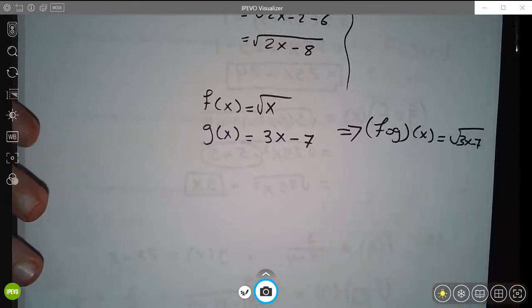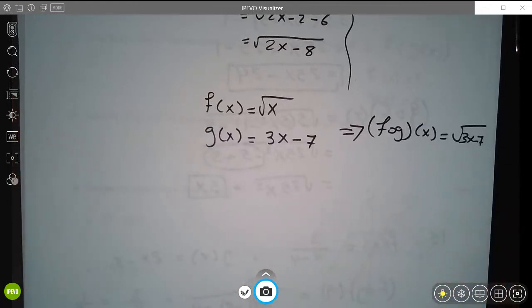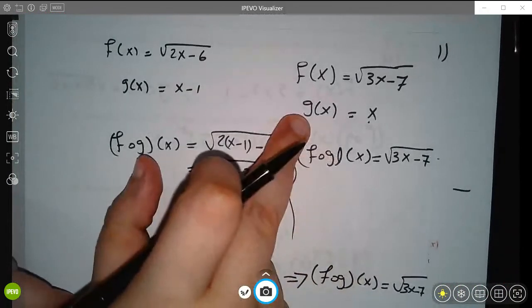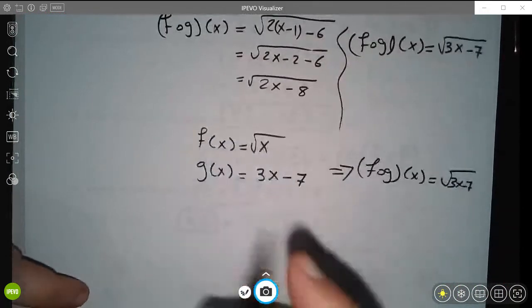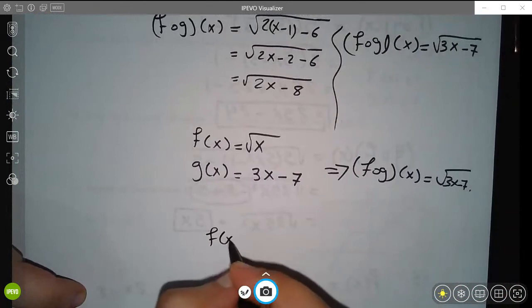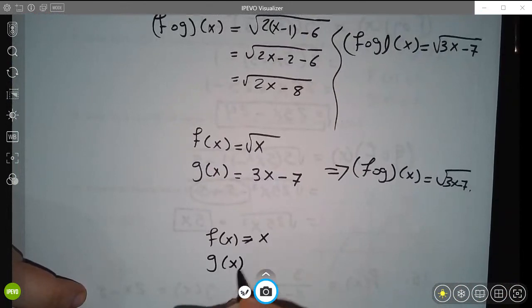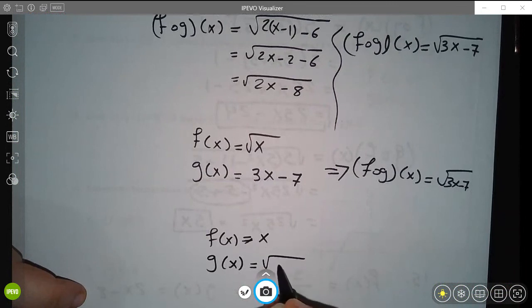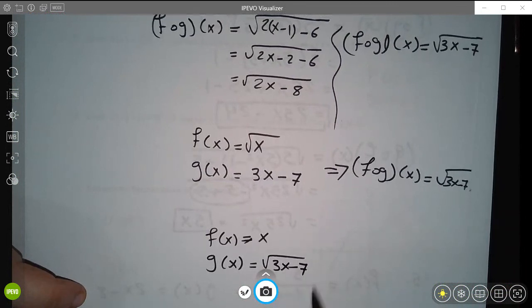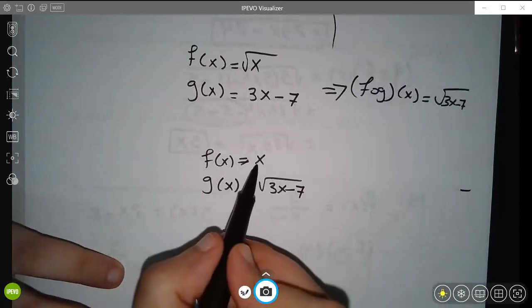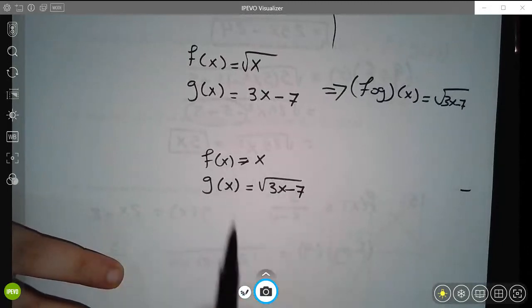There's literally so many. You could undo or flip this possibility. If I do f of x to be x and g of x to be root of 3x minus 7. Like, but wait, how would that work? Well, easy, because you're replacing this x with the entire g of x.